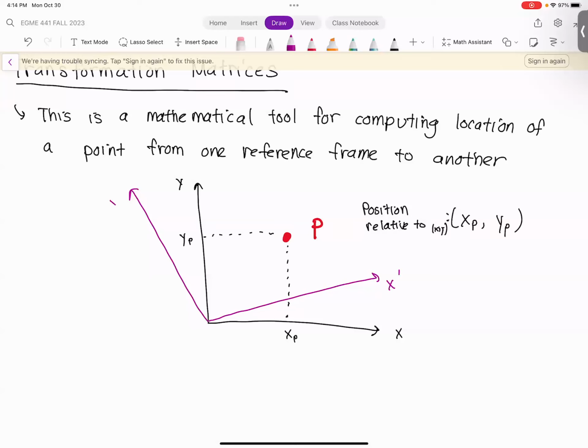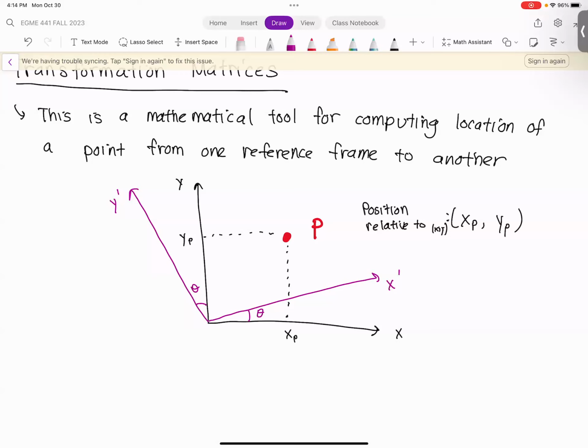We'll call it X prime and Y prime, and we'll say that the rotation angle here is theta. Both coordinate systems have the same origin, just one is rotated relative to the other.